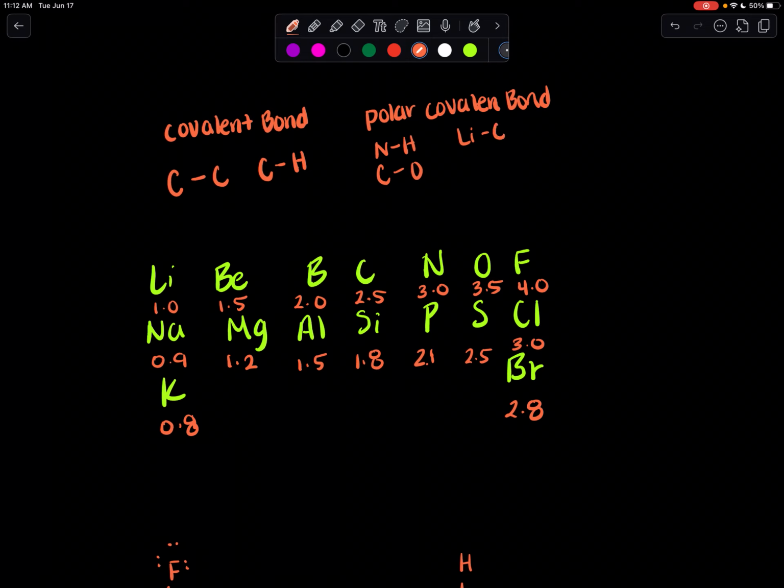So this is not equal sharing. And then lithium forming a bond with a nitrogen. But what I want you to see is, in this case, it would be lithium right here with a nitrogen. So from a 1.0 to a 3.0 is further away than if I was a lithium with a carbon. So this one is more towards, it's a stronger polar covalent bond, in other words.